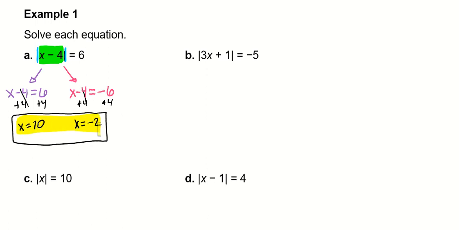So let's try our next example. Here we have the absolute value of 3x plus 1. We can see that we've got our zombie gates up, right? Our protection, our sanctuary, if you will. What we want to do is take a look outside the equal sign. And here we have a negative 5, which means that the world is still a mess.